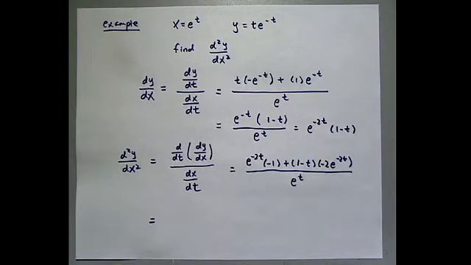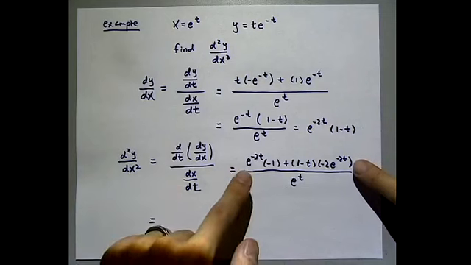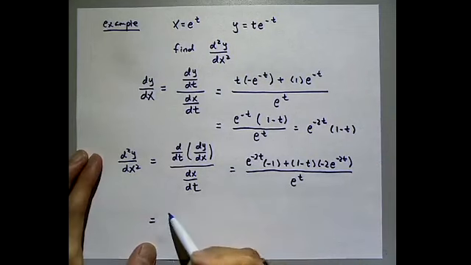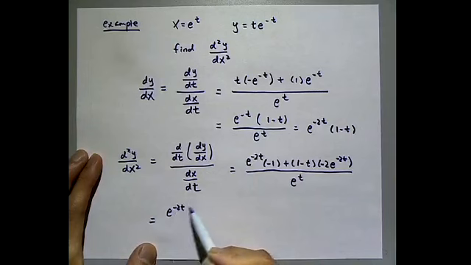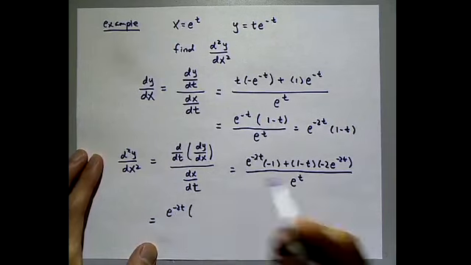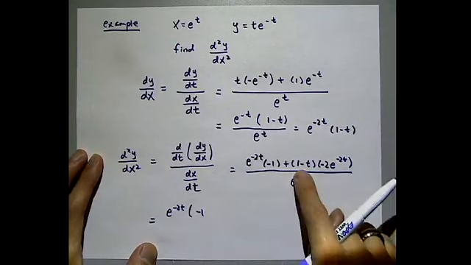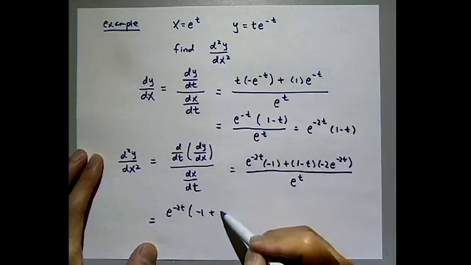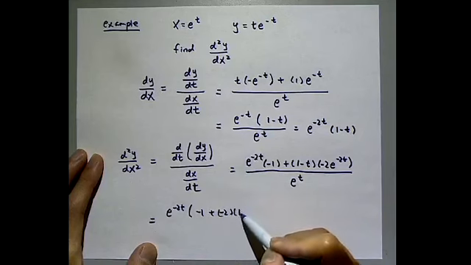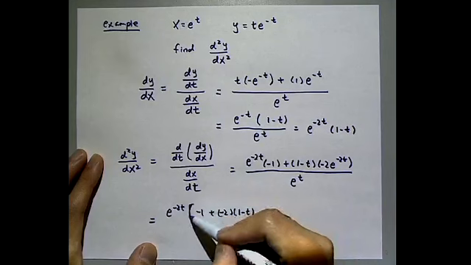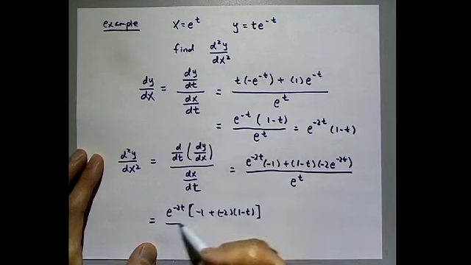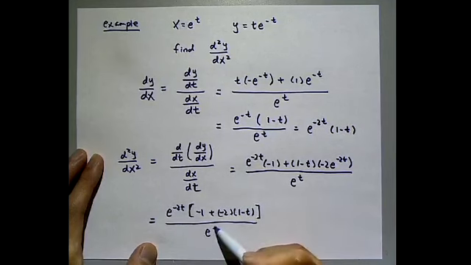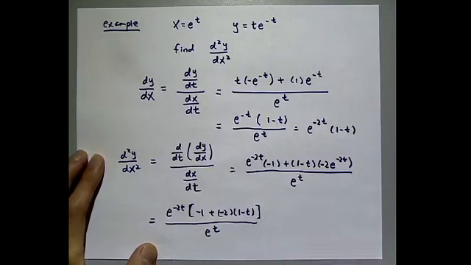And let's simplify this too. Let's factor out e to the minus 2t from upstairs. Minus 1 plus negative 2 times 1 minus t, all over e to the t.